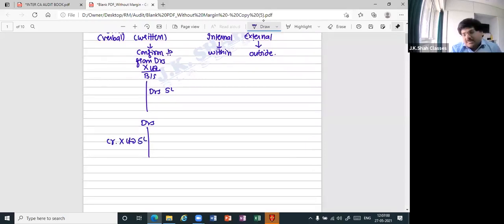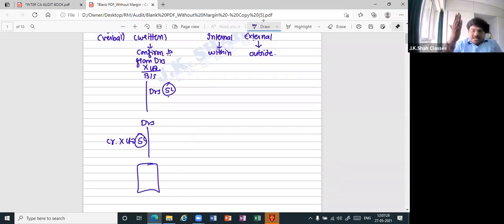It means the amounts should be the same, but the accounts should be opposite. Then what is the best way to ultimately confirm? Very simple. The auditor will write a letter to him: debtor, tell me whether the amount is matching or not.